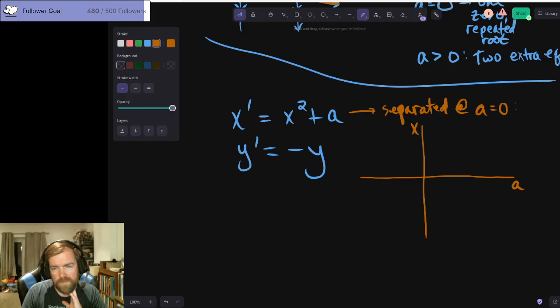So when a is negative, then we'll have like a square root of negative a pitchfork situation without the middle. When a is positive, we get nothing.